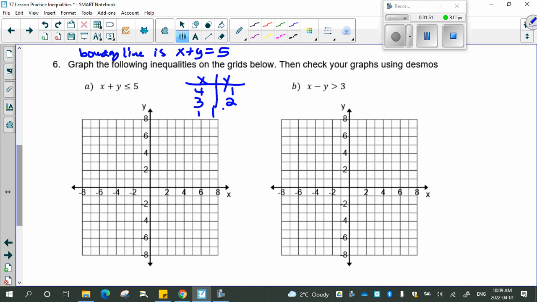1 and 4. Okay, so let's plot those. 4 and 1. 3 and 2. 1 and 4. Okay, so now we want to make that into a line. Is that line going to be solid or dashed?